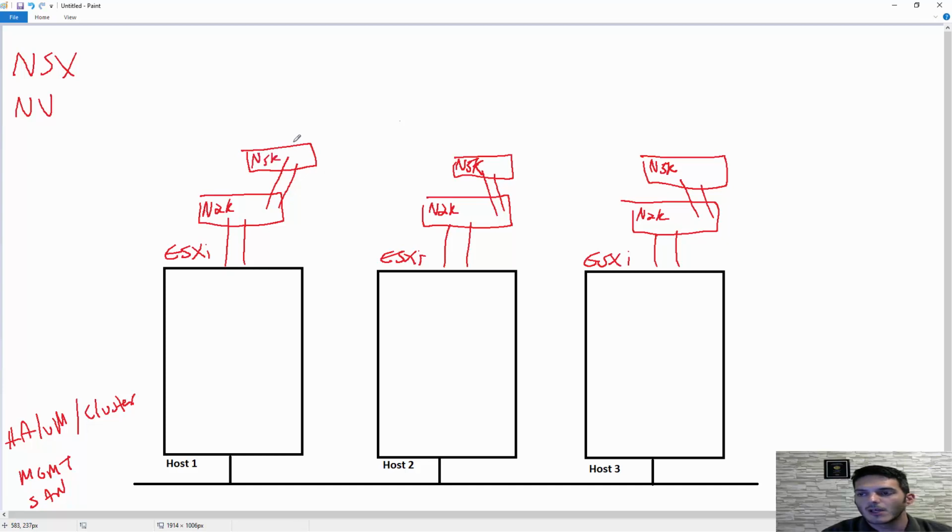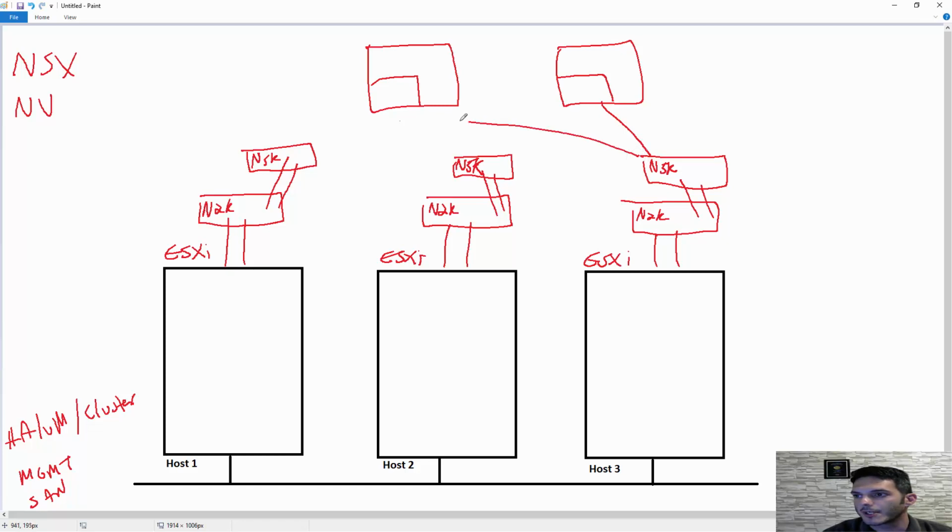Now the 5Ks actually connect up to a pair of 7010 Nexus 7Ks. So we have them VDC'd off, so I'm just going to draw a square here and a square here to where these guys are all going to connect, right?